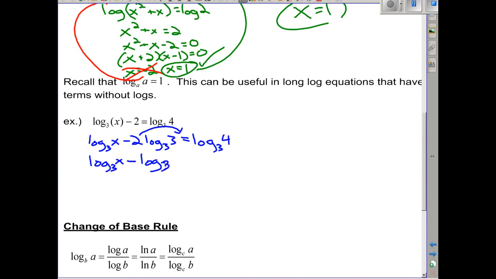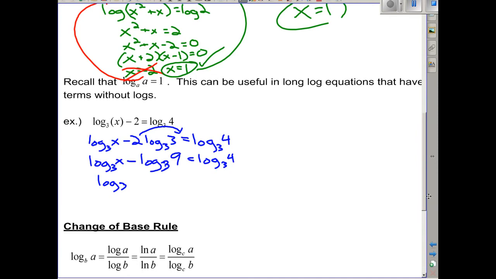And some people might have jumped to this step right off the bat. That's fine, because they knew 2 is the same as log base 3 of 9. Then I can put my logs together on the left-hand side.